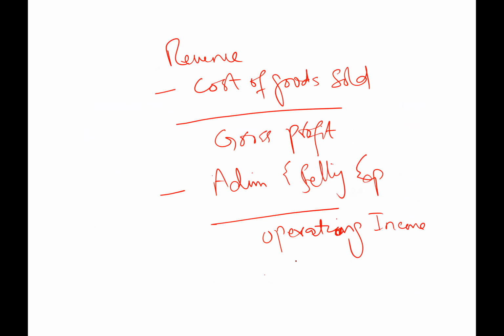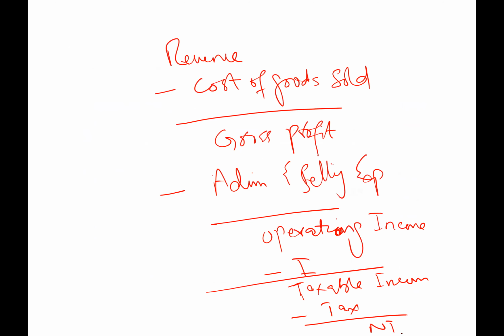From operating income, we subtract interest, we get taxable income or income before taxes, and then we subtract the tax, we get net income, right?